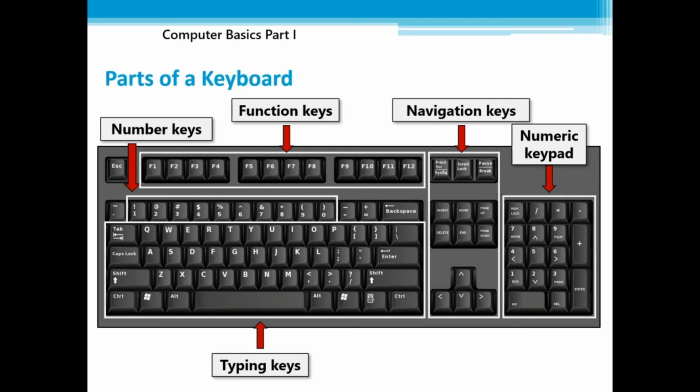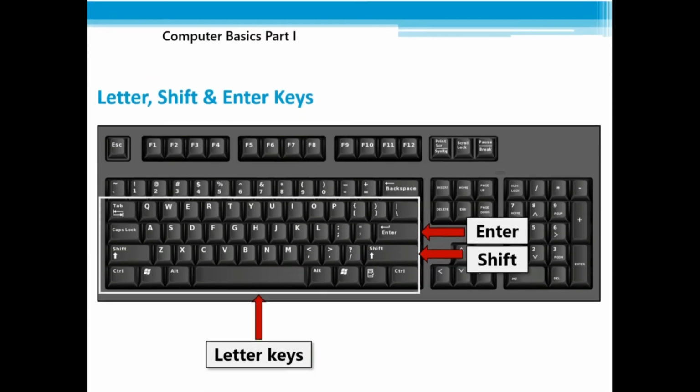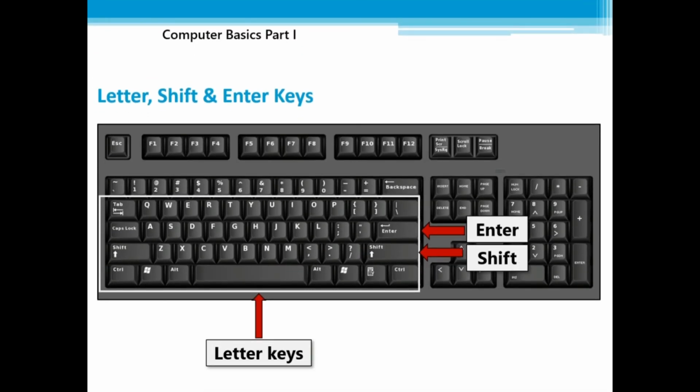Now here you will see the different keys and their functions. You've got your number keys, your function keys, your navigation keys, your numeric keys, and the typing keys. We've also got your shift key and your enter key.